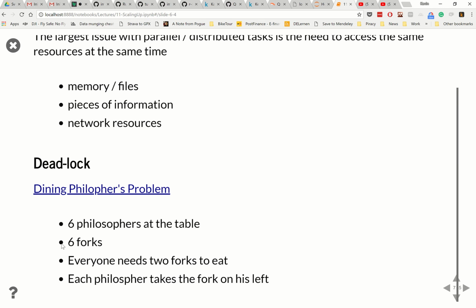And so, again, with people, this probably wouldn't happen. But with computers, when everyone takes the fork on the left, there are now no forks available. And so they all wait for the fork on the right to become available. And they'll end up waiting forever because everyone's waiting for one of the forks to come out. And no one ever starts or finishes eating.